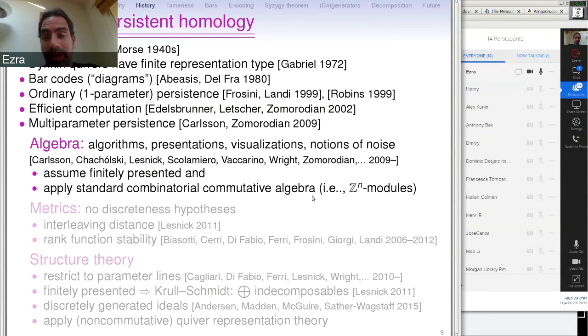This is not to say that what they're doing is already standard combinatorial commutative algebra. It's just to say that the context in which they're working is a context in which standard combinatorial commutative algebra applies. Now, there are mentions of real multiparameter persistence in some of these papers. Even in the original one, they say that you should use R^n, but then all of their results, without further comment, immediately restrict to Z^n, the discrete case.